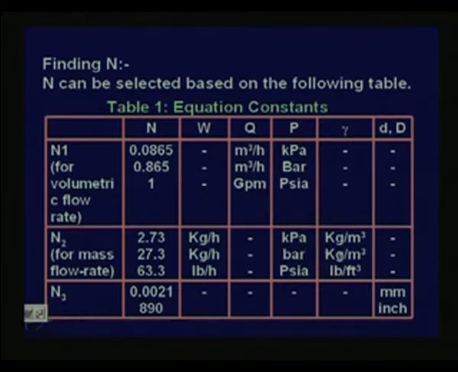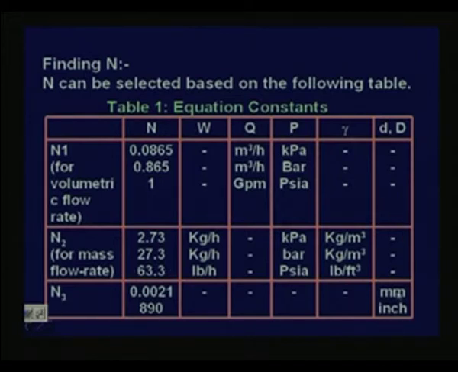If the pressure is in bar and gamma is in kg per meter cube, the mass flow rate is in kg per hour, and that time it is 27.3. If it is in FPS units, pressure drop is in PSI absolute and gamma is in pounds per feet cube, the mass flow rate is in pounds per hour, and we are taking 63.3.